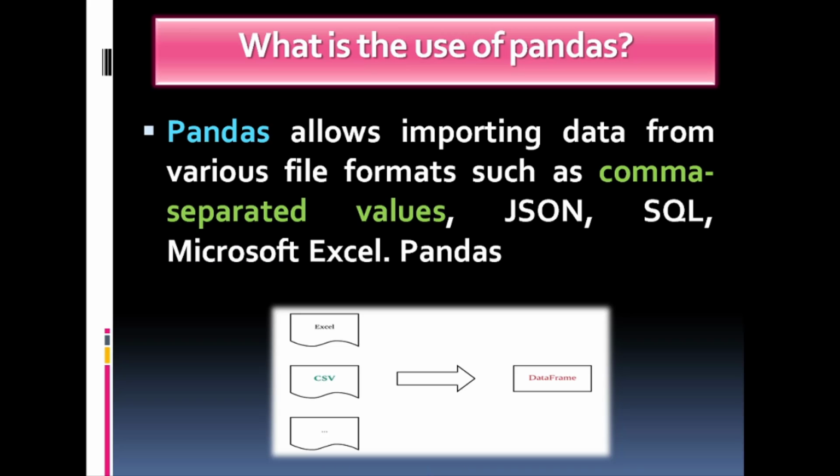Pandas allows importing data from various file formats. So with Python and the library Pandas, you can import data from various file formats such as comma separated values, JSON files, SQL files, or Excel files.